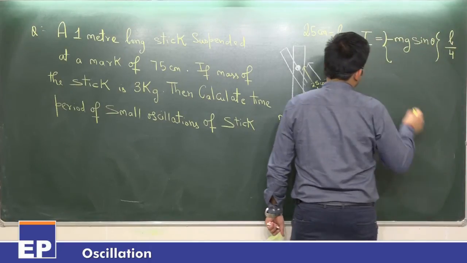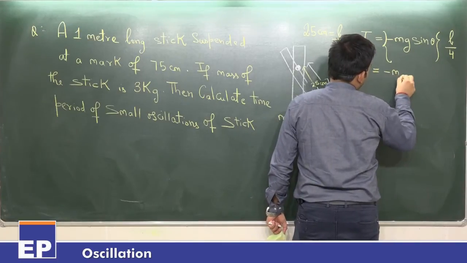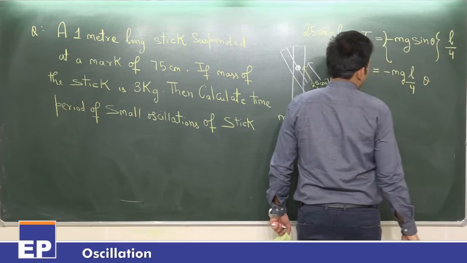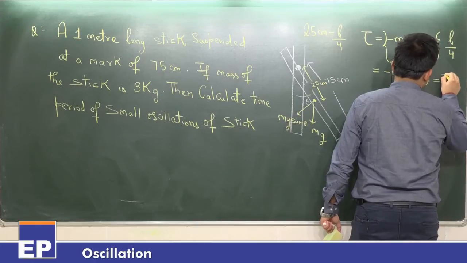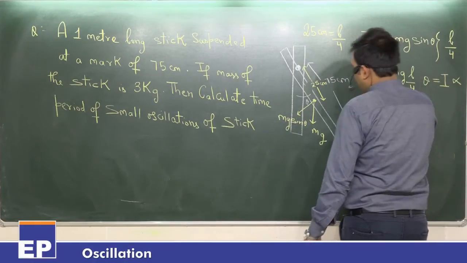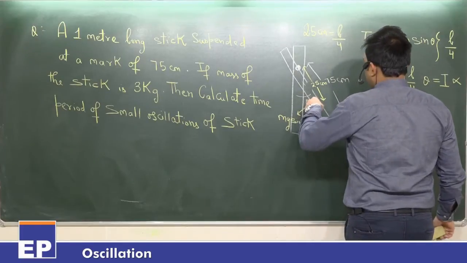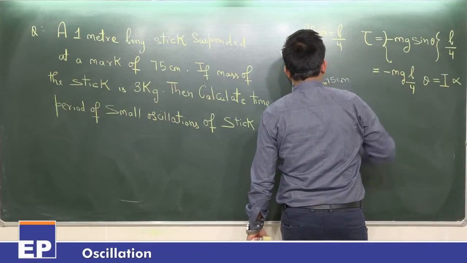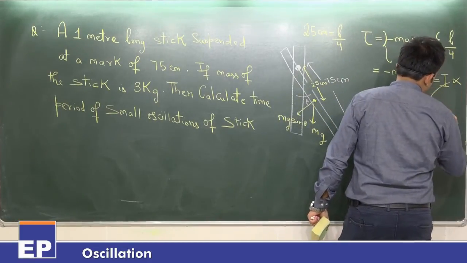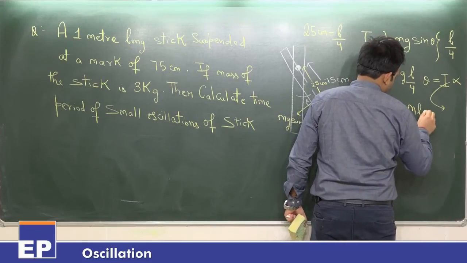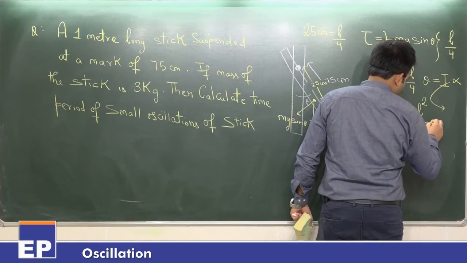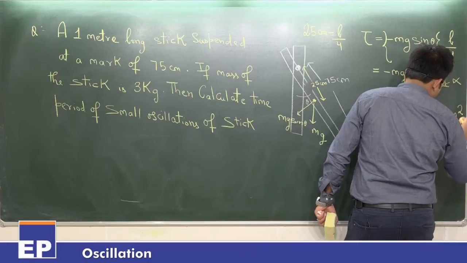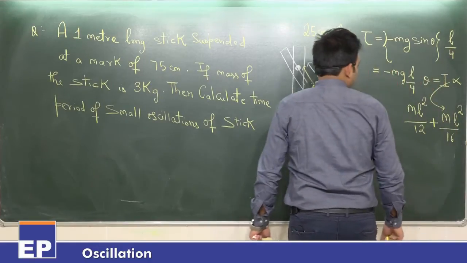So what is this torque? That is minus mg into L/4 into theta, and it is equal to I alpha. Moment of inertia about it: now the moment of inertia about it is ml square by 12 plus m into (L/4) square, that is ml square by 16. So what is alpha?